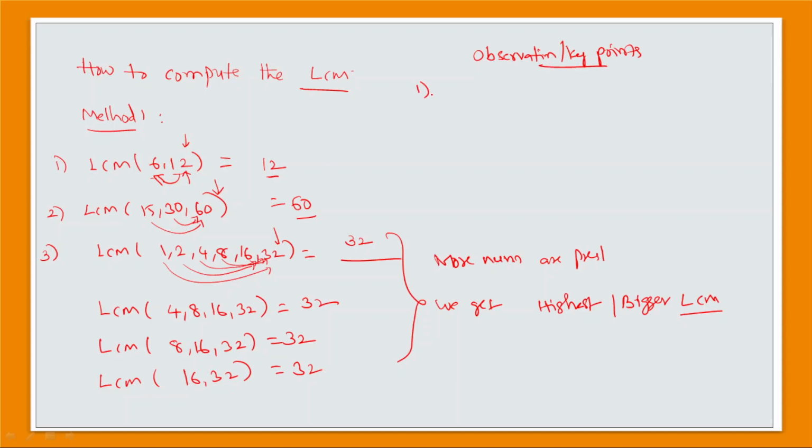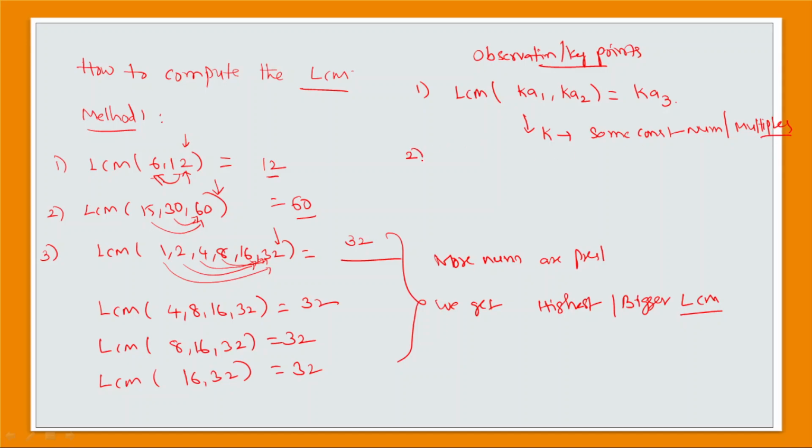First key point we'll take from these examples here: LCM of a1 comma a2 comma a3 will be equal to a3. Here a3 is a multiple of some values.